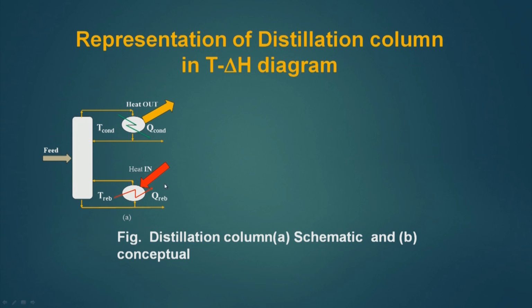Now, this is working under two temperature levels: the hot stream temperature in the reboiler and the cold stream temperature here in the condenser. So, we can show a distillation column like this, Q reboiler is entering and Q condenser is going out.